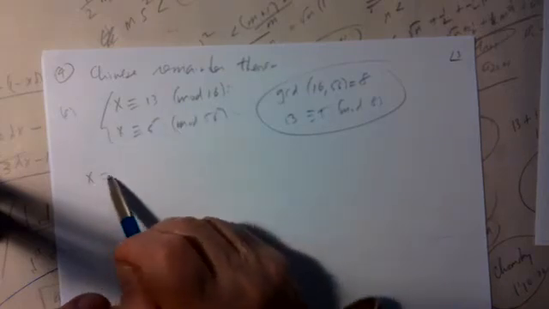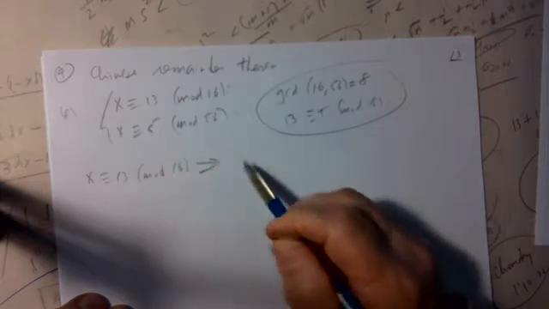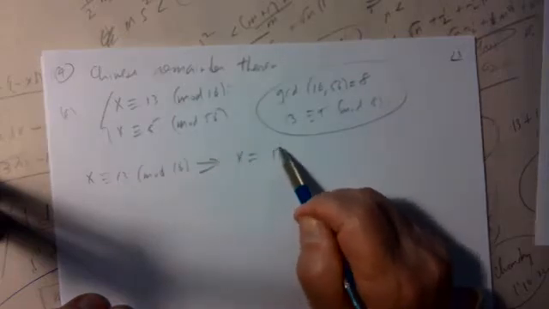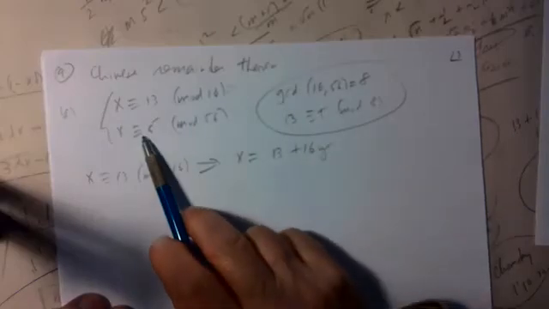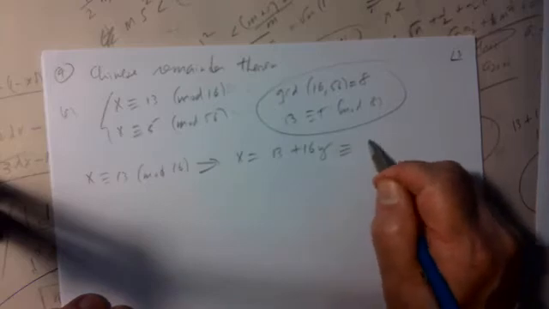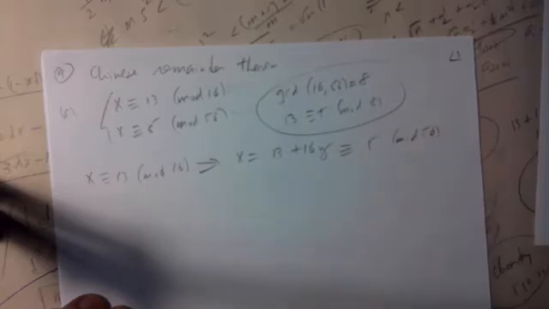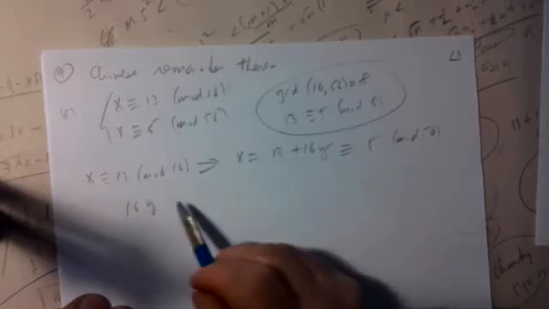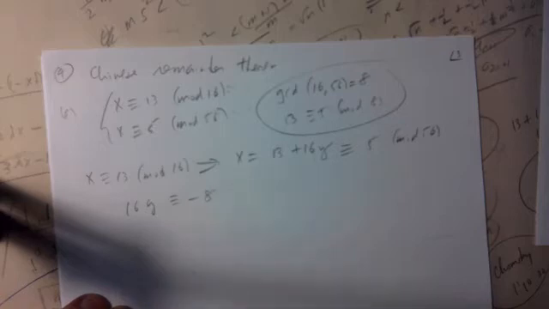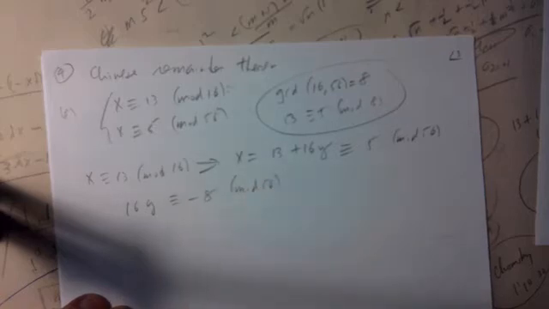So if x is congruent to 13 mod 16, then we can say x has to be a number of the form 13 plus 16y. But this x also has to be congruent to 5 mod 56. So that says that 16y is congruent to minus 8 mod 56.